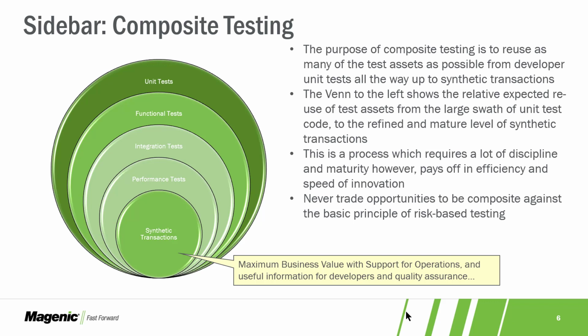And you can do that as long as you're not trading off your risk-based testing program or violating one of your other KPIs, like the rate of new bugs discovered to bugs resolved, and so on. We'll do a video on composite testing.